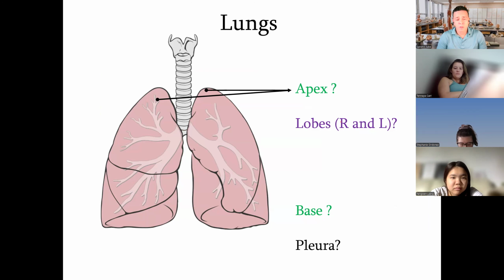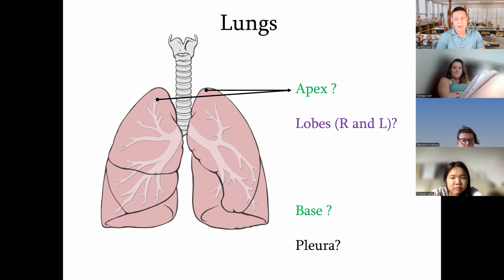No. Which one is smaller, the left lung or the right lung? You probably can't see it here from the cartoon, but one is smaller than the other. Does anybody know which one is smaller? Left. The left, absolutely. The left lung is the smaller.